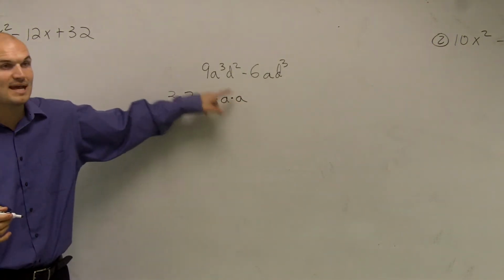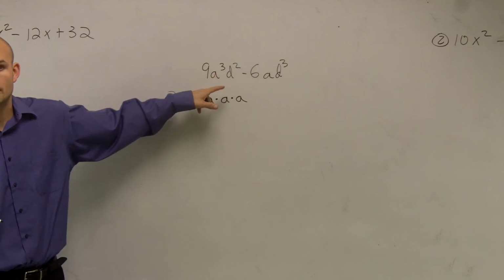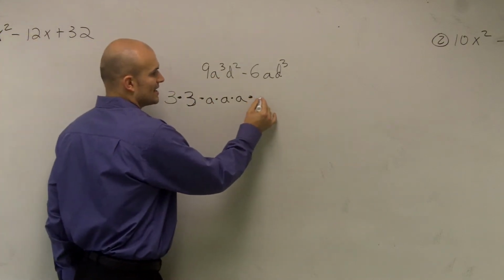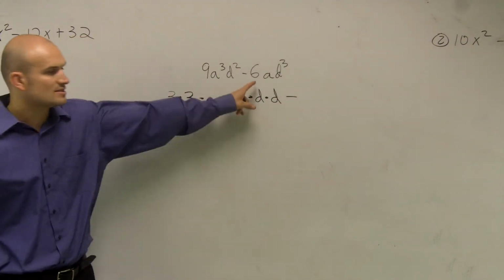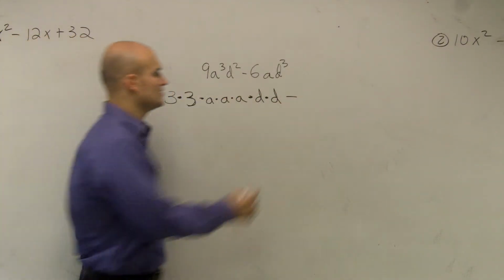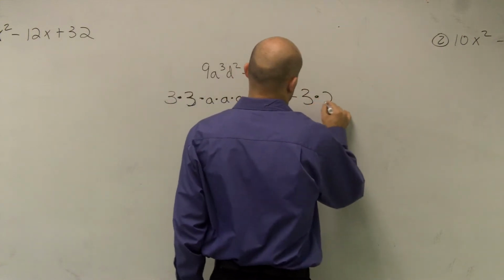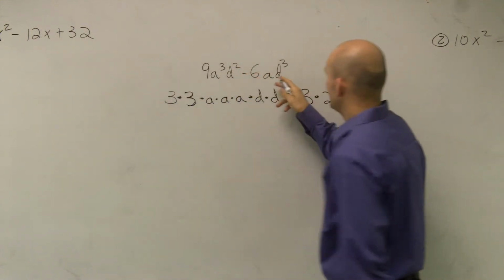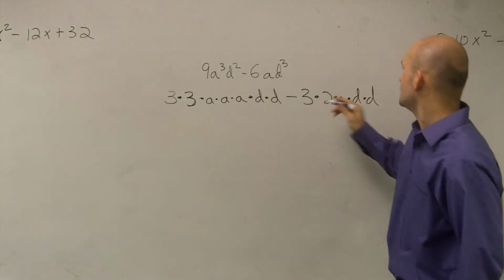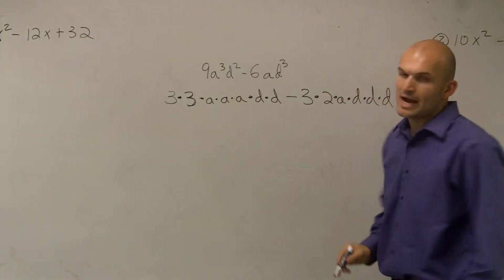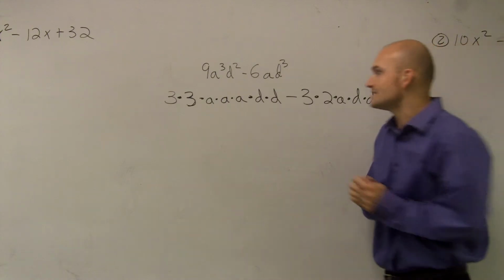Then d squared is d times d. Minus 6, which we already practiced factoring, is 3 times 2, times a, and then d times d times d.